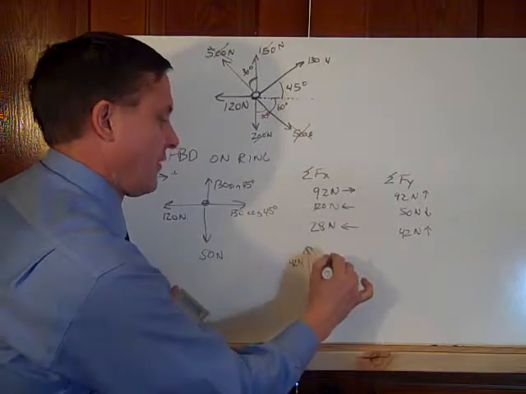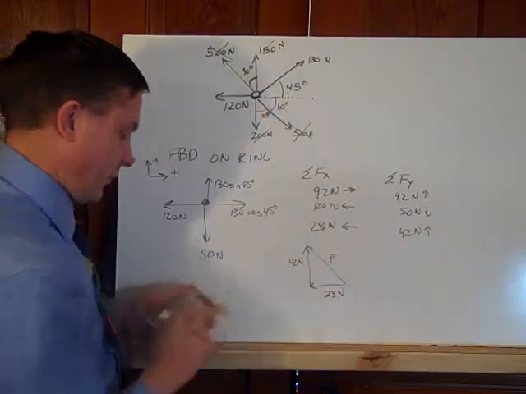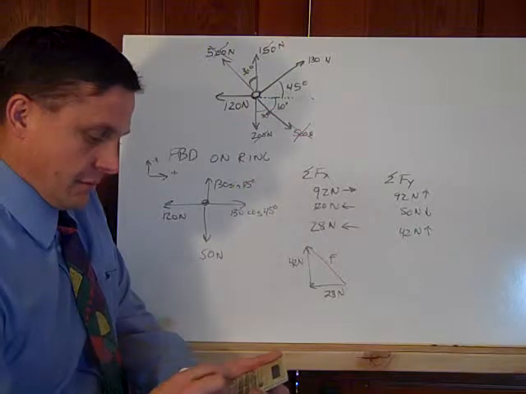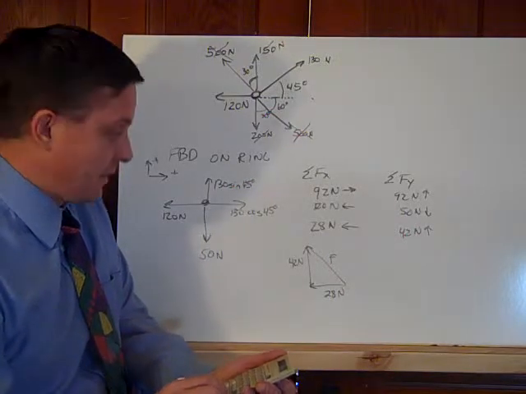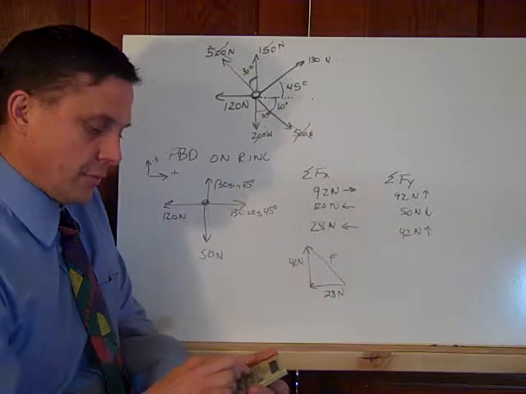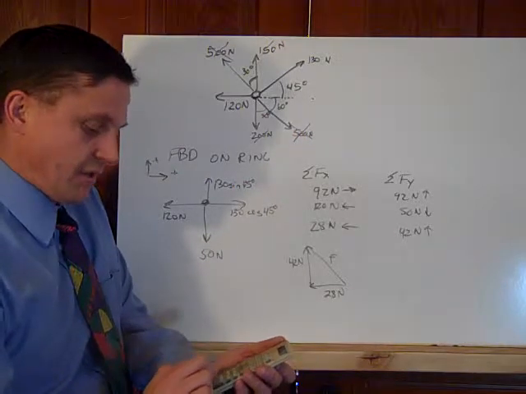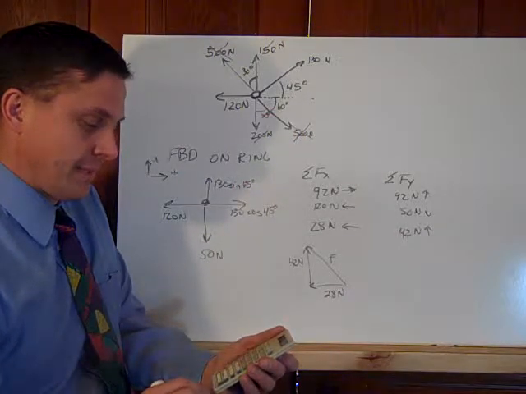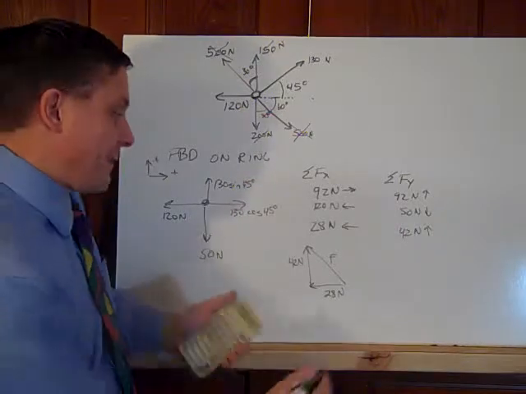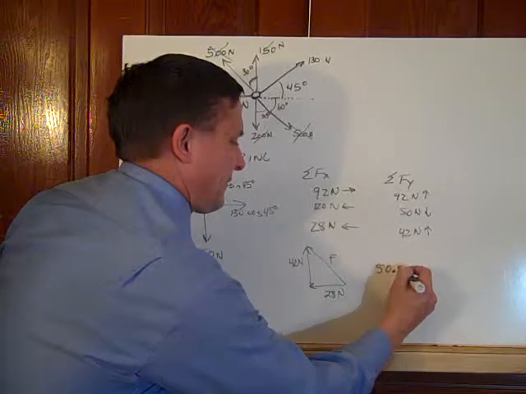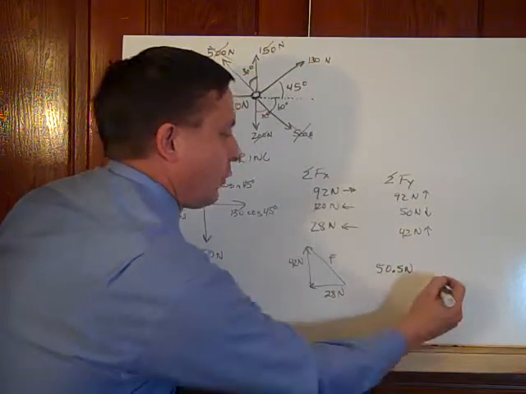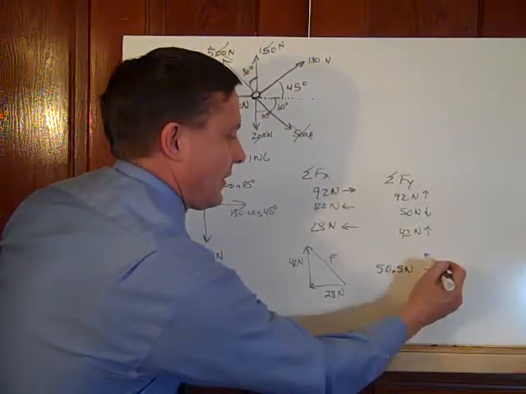Here's my resultant force F, Pythagorean theorem. F squared equals 42 squared plus 28 squared. Again, on my calculator, I can do this rather quickly, and as you get better at this, you can too. Raised to the 0.5 for the square root, I get 50.5 newtons for F. And I know the angle is like this.